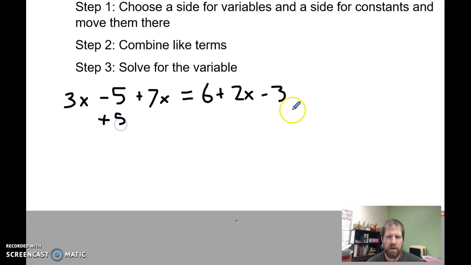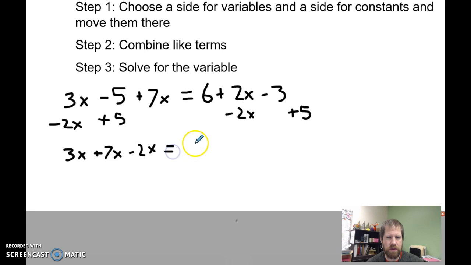Plus 5, minus 2x, and I've got 3x plus 7x minus 2x equals 6 plus 5 minus 3.